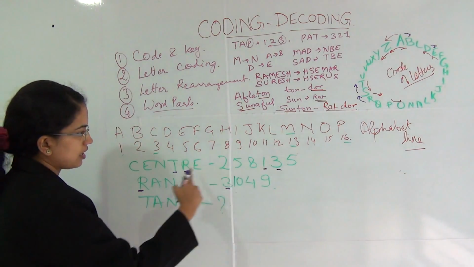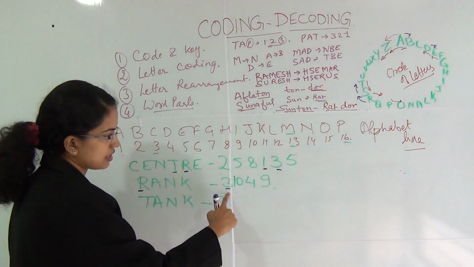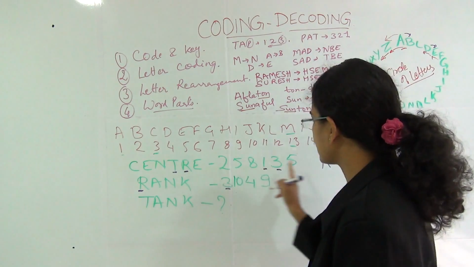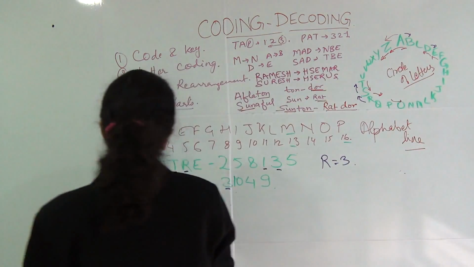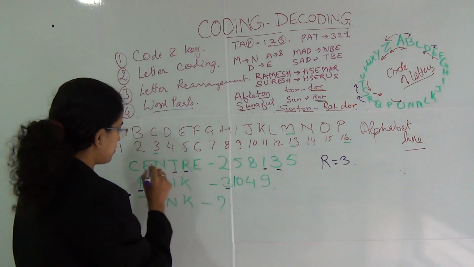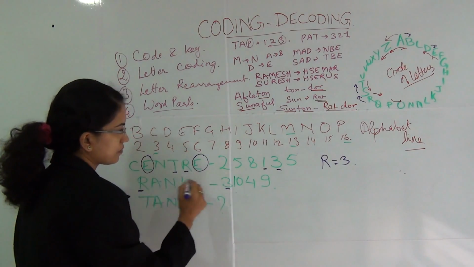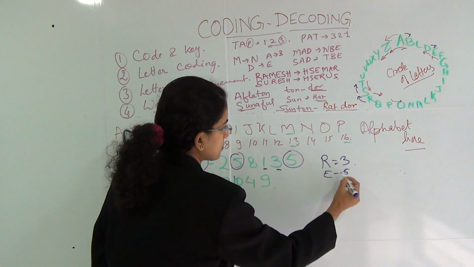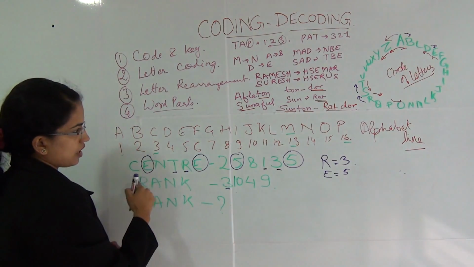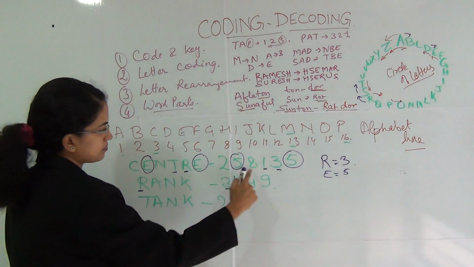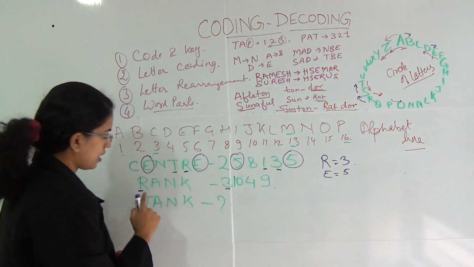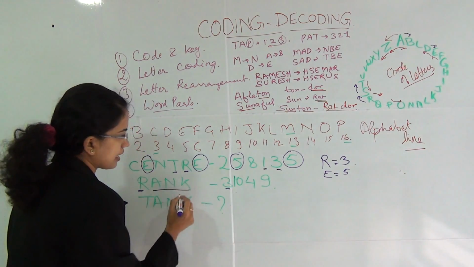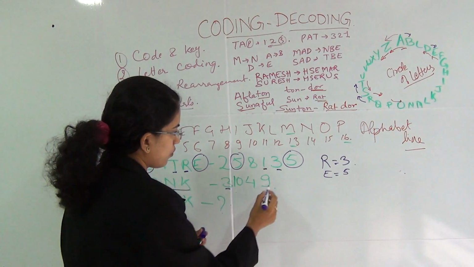That means if R is 3 in this and R is 3 in this, I can say R is equal to 3 and that this maintains the correct order, which I can also say from looking at the numbers E here and E here. So you have 5 here and 5 here. So E becomes 5, and C becomes 2, N becomes 8, T becomes 1. Under rank, what is happening? R automatically becomes 3 and A and K is written as 10, 4 and 9.